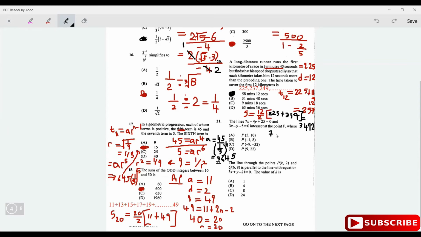So we have 7x minus 4y is equal to negative 25. All right, so I transposed it. And then I'm going to multiply this equation by, let's say 4. Multiplying this by 4, I would get 12x. Multiplying minus y by 4, I get minus 4y.